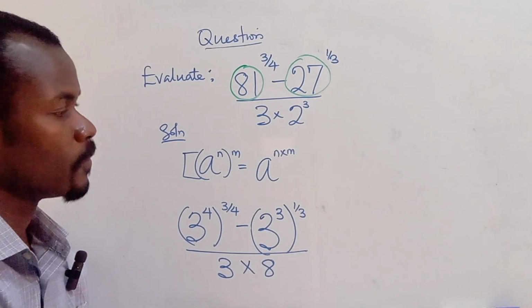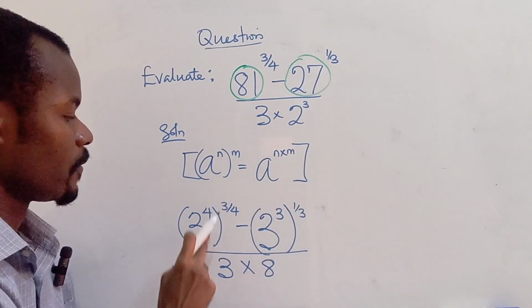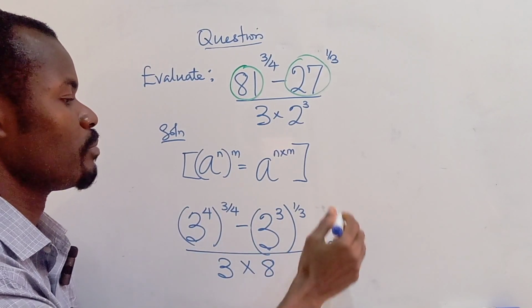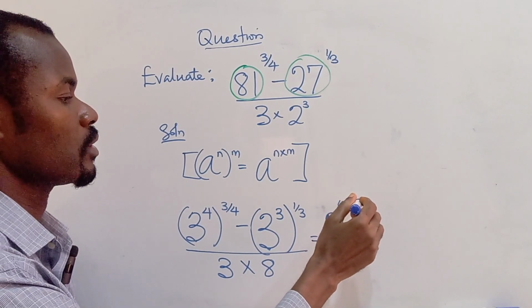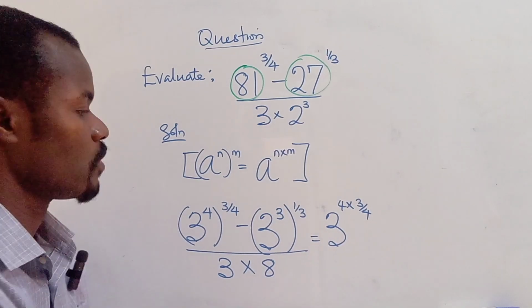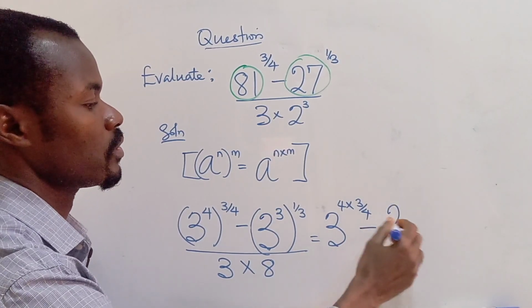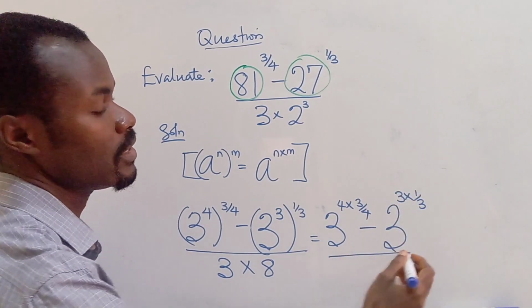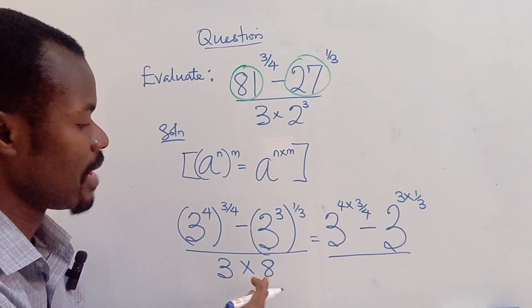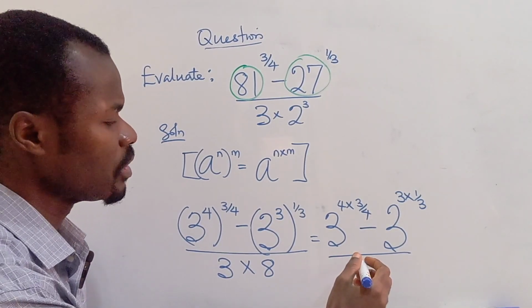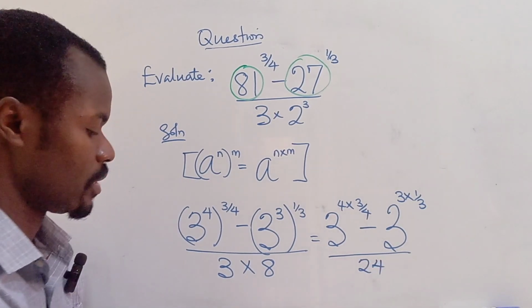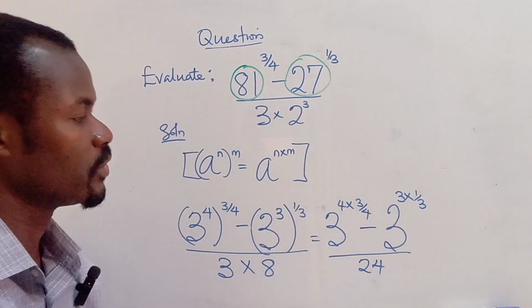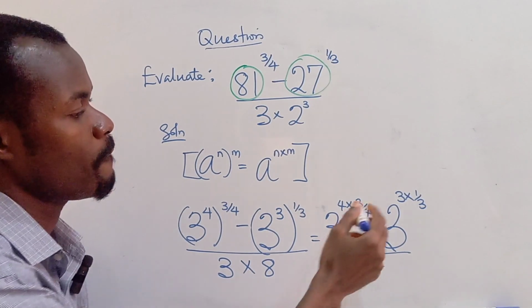We are going to apply this law here and here. So this gives me 3 raised to the power of 4 times 3 over 4, minus 3 raised to the power of 3 times 1/3, divided by 3 times 8, which is 24.